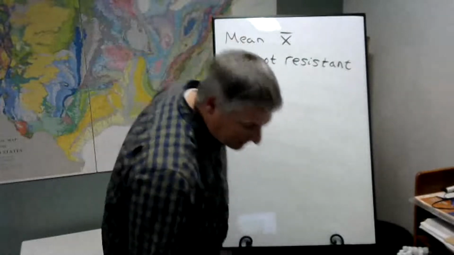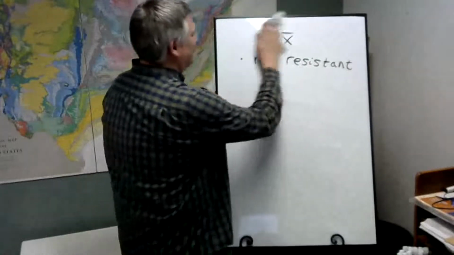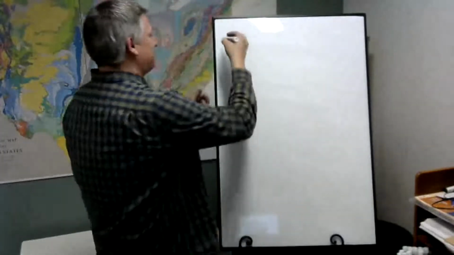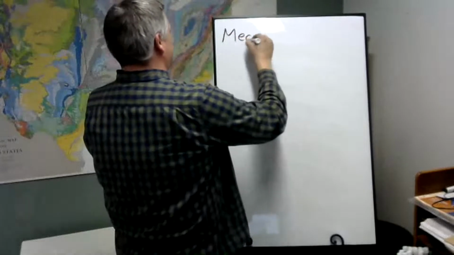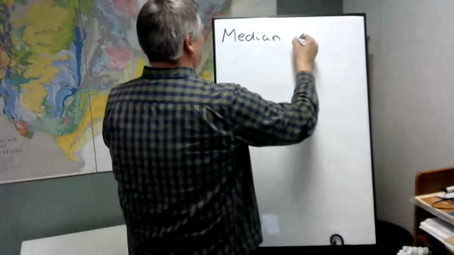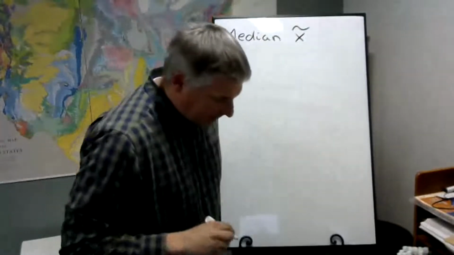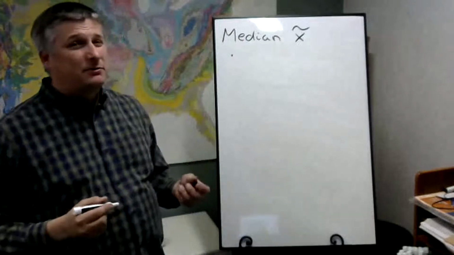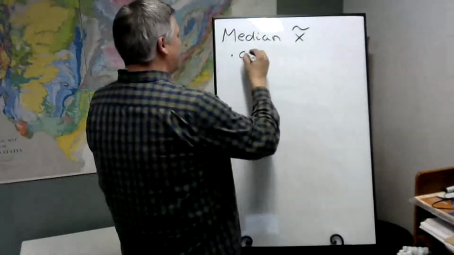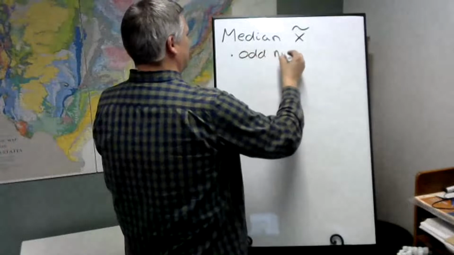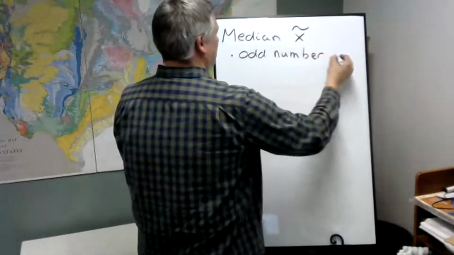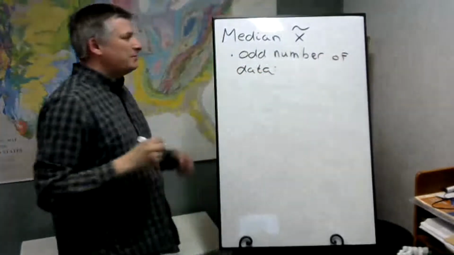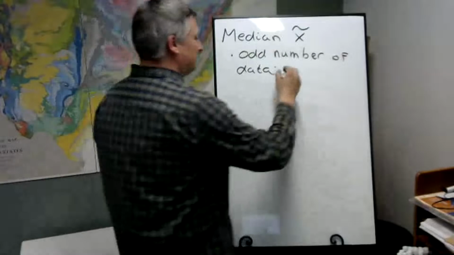Now, the other one we're going to look at is the median. The median depends on how many values you have. If you have an odd number of data values, then the median is the middle value.